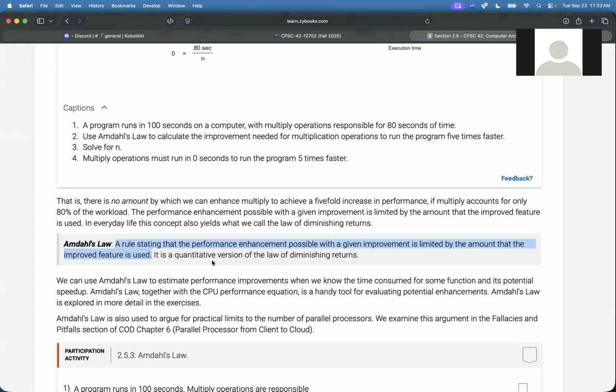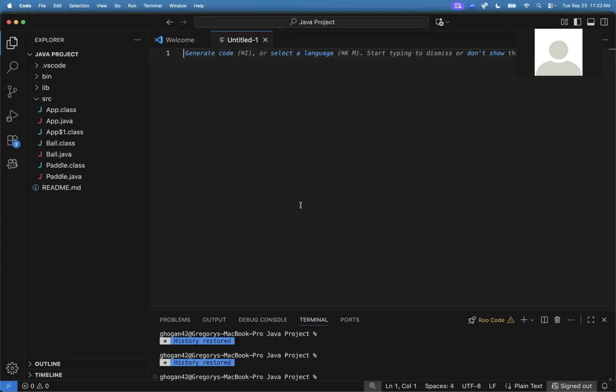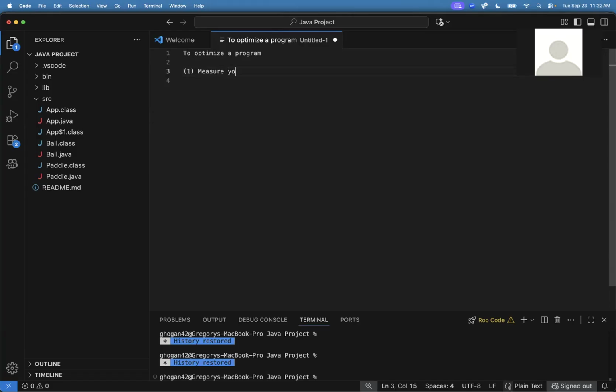That's the key thing. And that's why if you were doing programming, right, to optimize a program, what you would do is first of all, measure, or actually the correct word would be to profile your program to see where it is spending time, right?